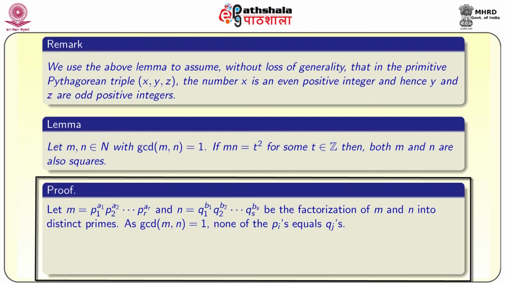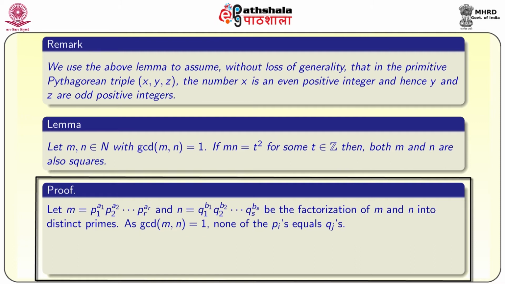It is easy to see this if you take the prime factorization of m as m equal to p1 power a1, p2 power a2, and so on, pr power ar, and n equal to q1 power b1, q2 power b2, and so on, qs power bs, as the factorizations of m and n into distinct primes, since GCD of m, n equals 1.